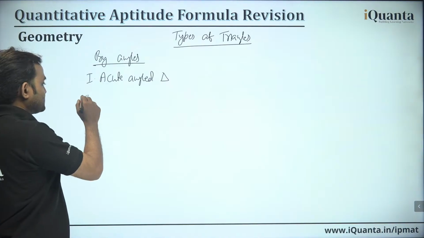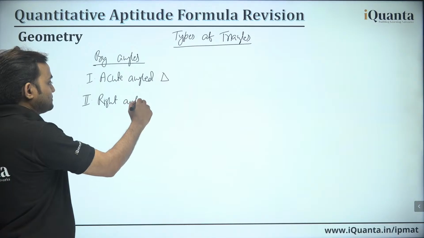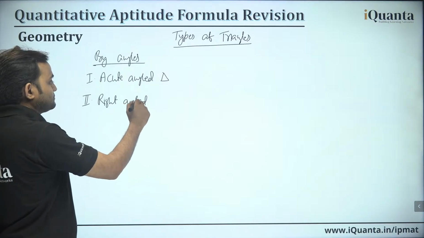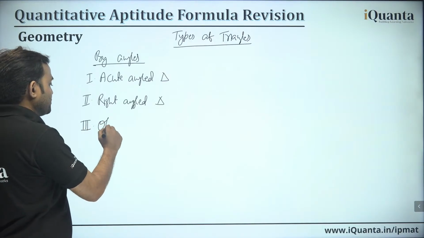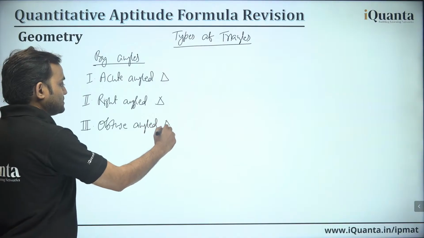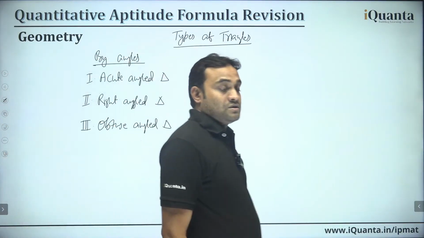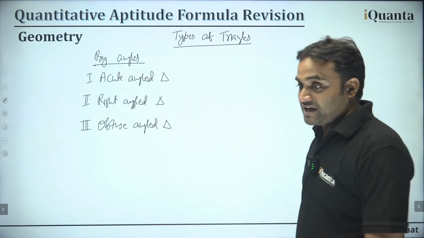Then the other is the right angled triangle, and the third one is the obtuse angled triangle. Acute angle triangle, right angle triangle and obtuse angle triangle.